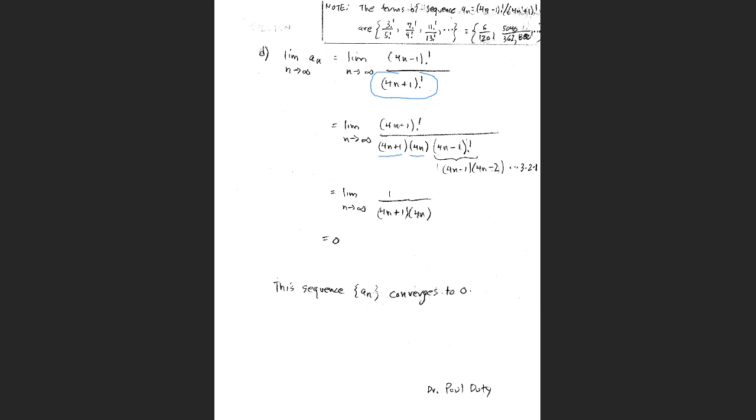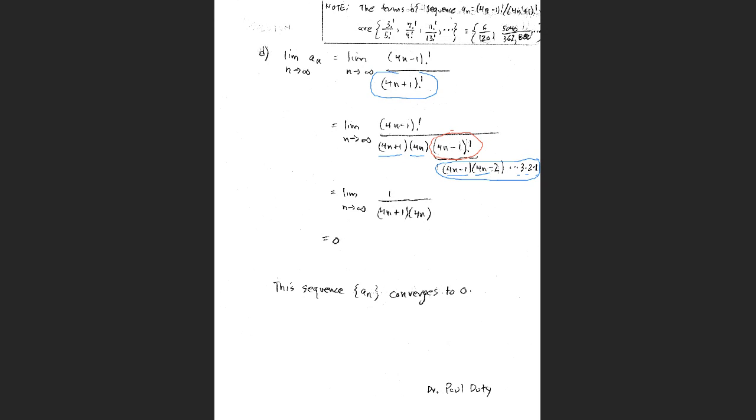And then the next term would be 1 less than that, 4n minus 1, and then 4n minus 2, all the way down to 3 times 2 times 1. But 4n minus 1 times 4n minus 2 times, you just keep multiplying until you get to 3 times 2 times 1, all that can be expressed as (4n minus 1) factorial.